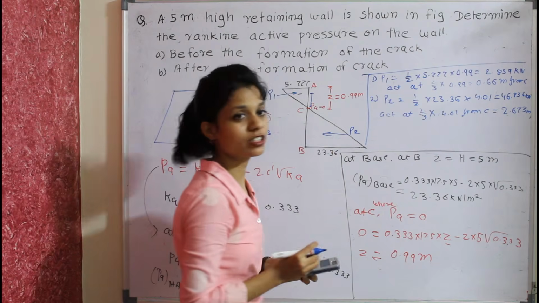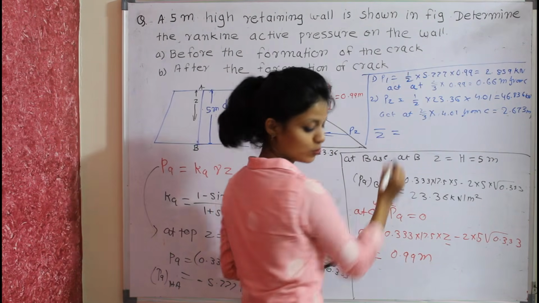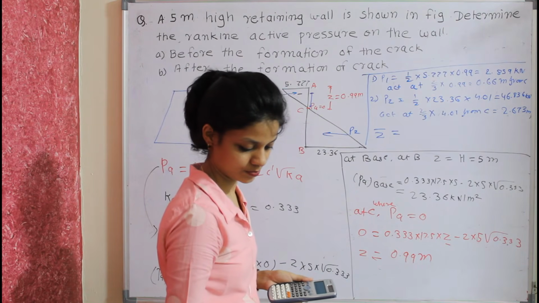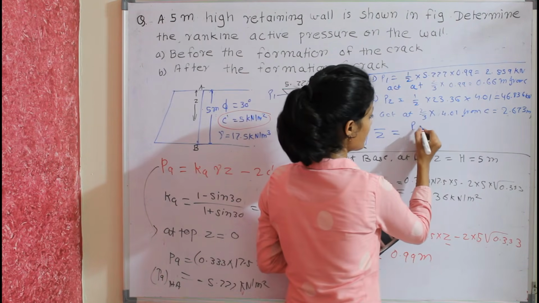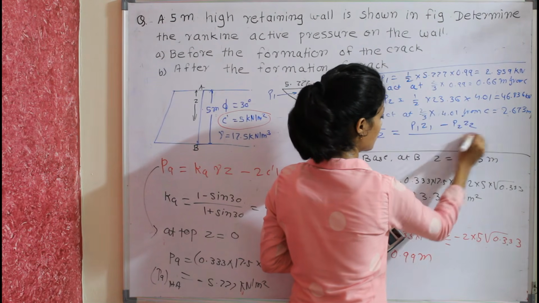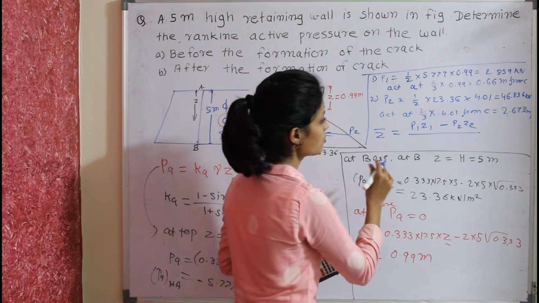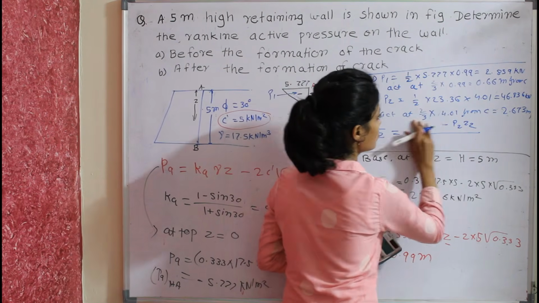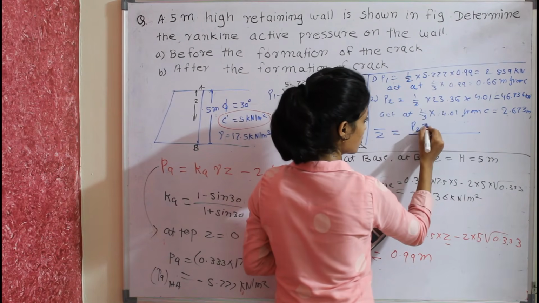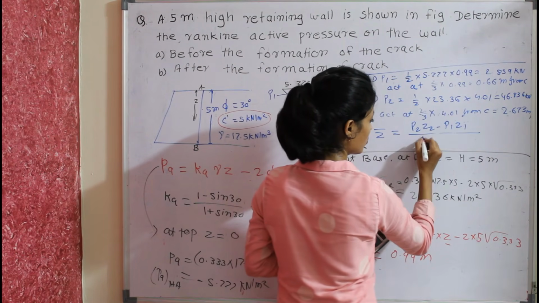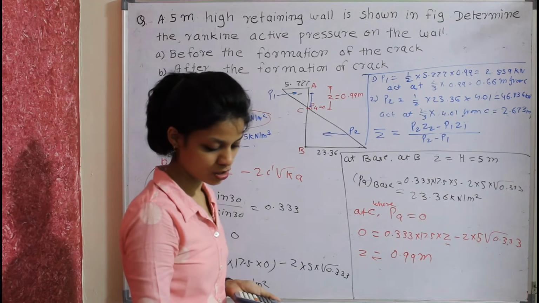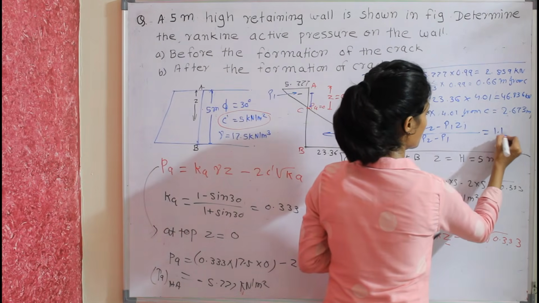Therefore, since P2 is greater, Z bar equals (P2 Z2 minus P1 Z1) upon (P2 minus P1). Substituting all values, you will get Z bar equal to 1.12 meter.